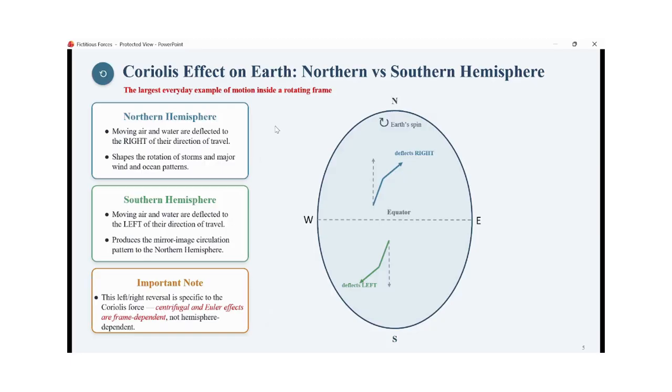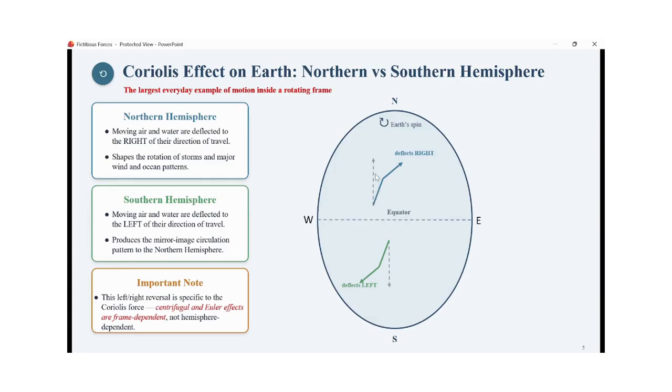Now in this slide I have shown the effect of Coriolis force in the northern hemisphere as well as in the southern hemisphere. When we are considering the motion in the northern hemisphere, because of the Earth rotating about its axis in this direction, the object in motion will be deflected to the right of its actual direction of motion.